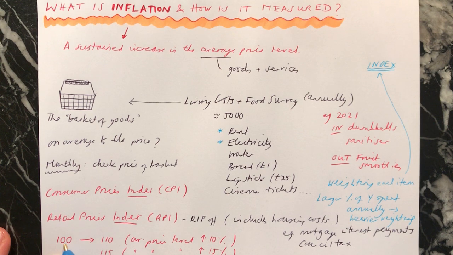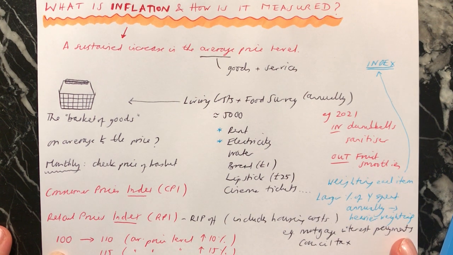So if it was 100 in this month, and then the next month, let's say, the retail prices index was 110, and then the month after that, it was 115, then we'd know that we'd had 10% inflation here. So on average, prices had gone up by 10%. If you wanted to compare from this month to this month, from here to here, the average prices have gone up by 15% because it's gone from 100 to 115.